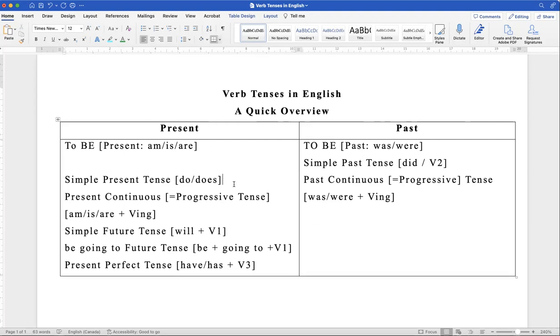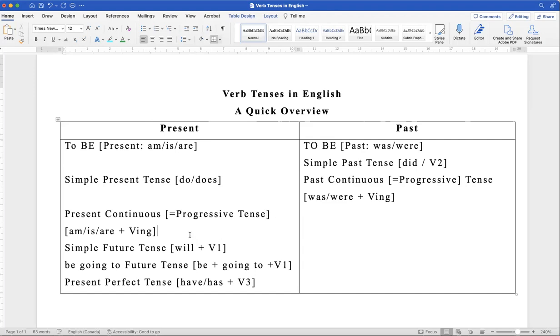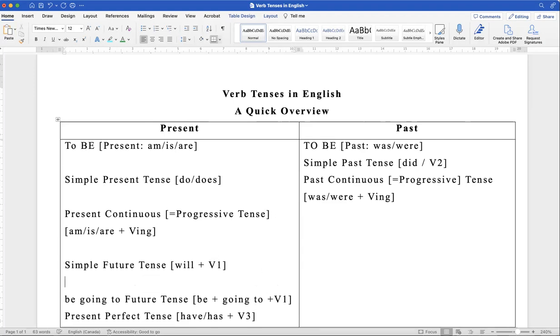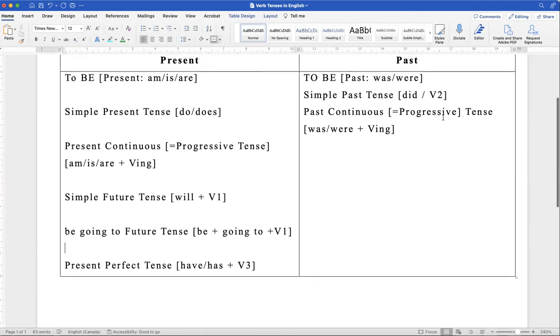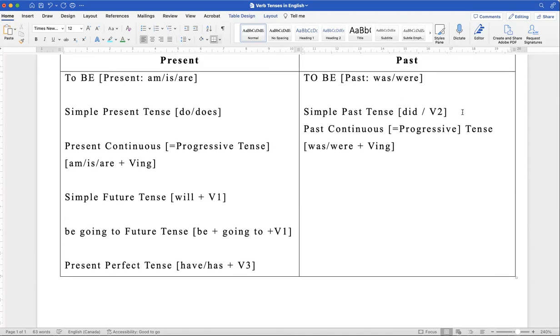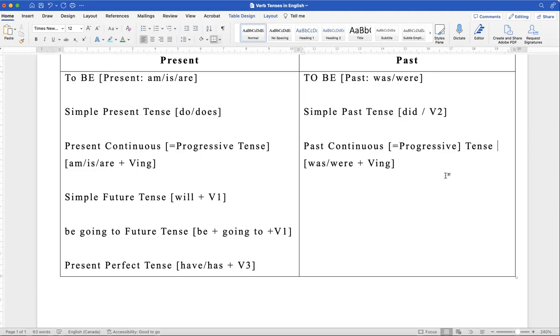So here we have, again, to be past form, simple past, past continuous or past progressive, past perfect, had plus verb 3.